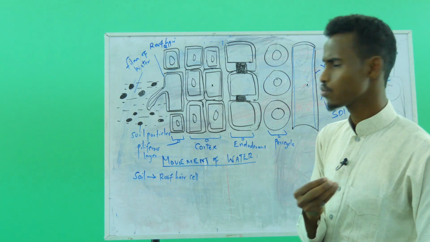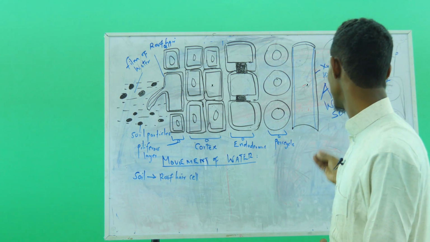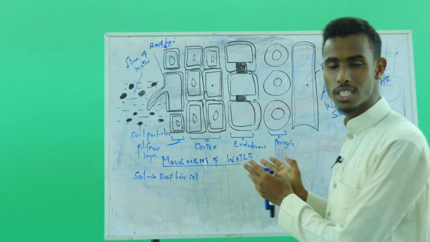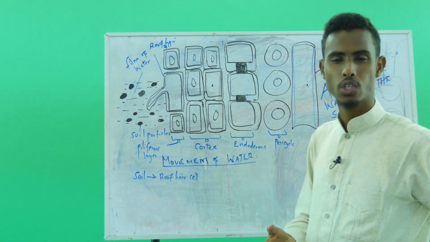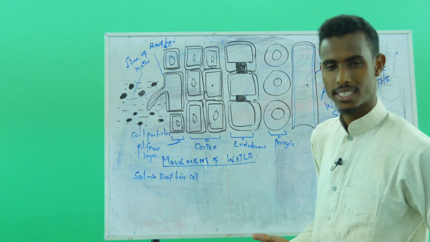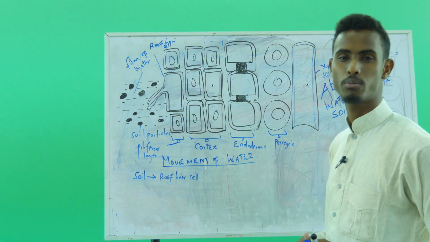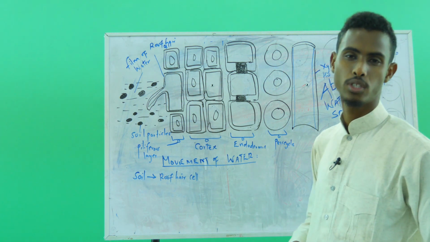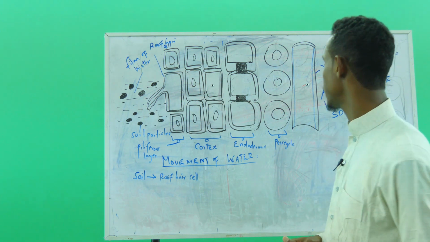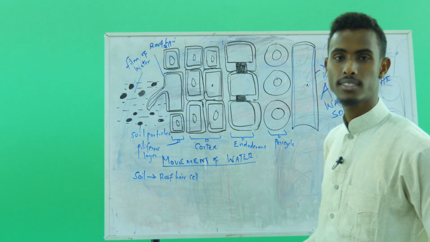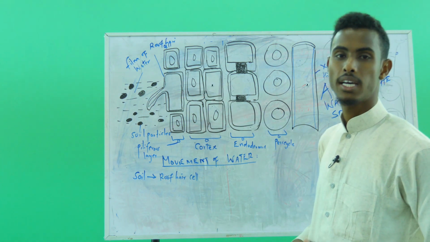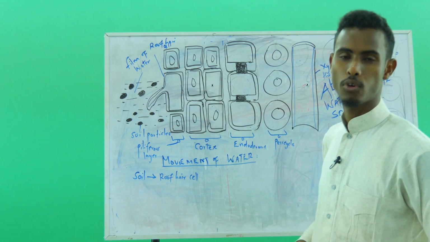Once water moves from the spongy mesophyll cells into the intercellular air spaces, the spongy mesophyll cells become concentrated. Once they become concentrated, they start drawing water from the adjacent cells, that is the palisade cells, the epidermis, and finally the xylem of the leaf.